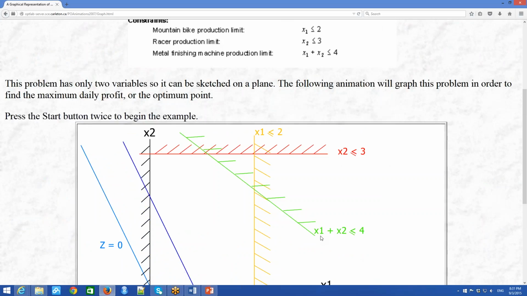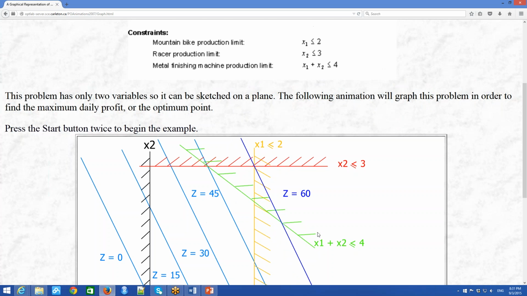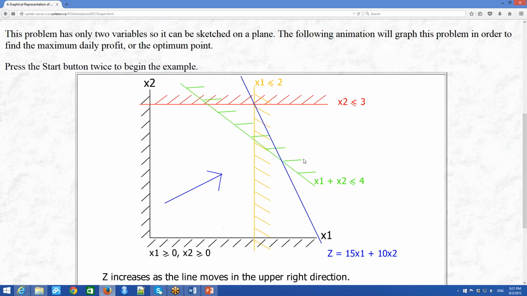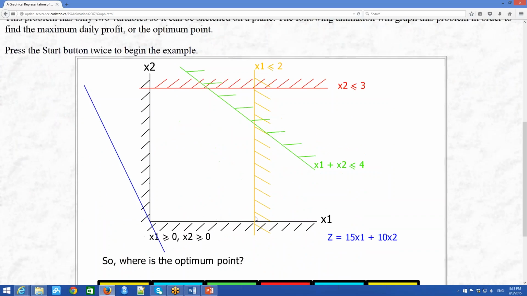We say, okay, x1 plus x2 less than or equal to 4, meaning it has to be in this range. If we want to satisfy this constraint, it has to be anywhere here. And then on the other hand, x1 has to be less than or equal to 2, so anything has to happen there.